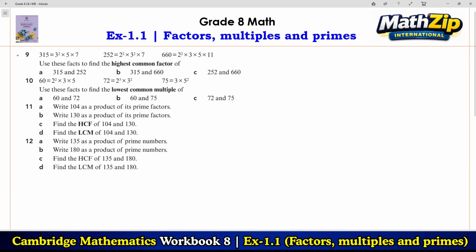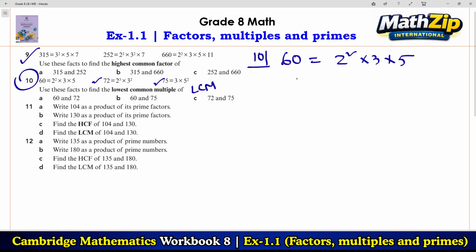Question 10. Here 60 is 2 square times 3 times 5, and 72 is also given as a product of prime factors, and 75 also. Use this fact to find the lowest common multiple. It means we have to find the LCM. So 60 can be written as 2 square times 3 times 5, and 72 as 2 cube times 3 square.